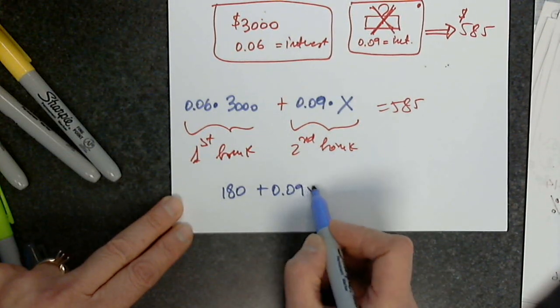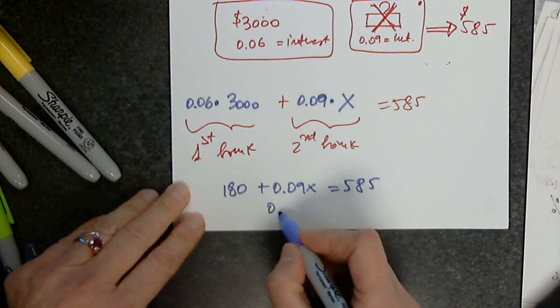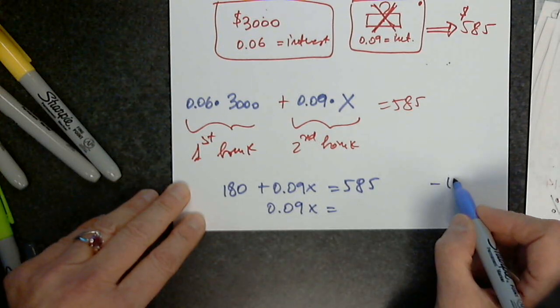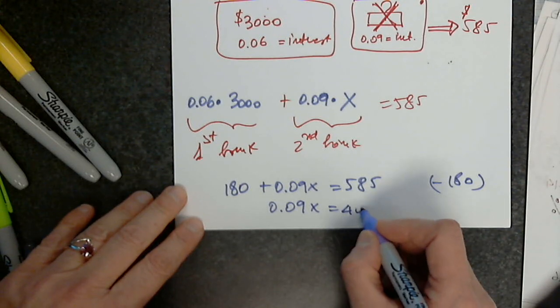Plus 0.09x equals 585. What do I do next? Subtract 180 from this. Very good. So I subtracted 180 from both sides and I get 0.09x equals 405.